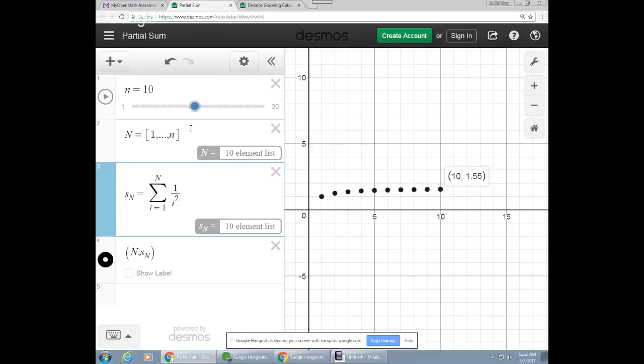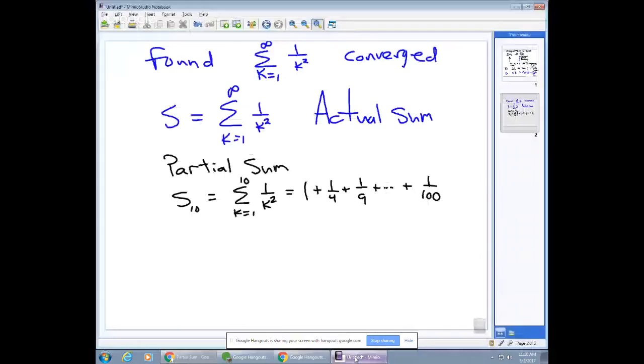Right, up to 10. Yep. I can go out farther if I want and then track those points, but let's just do 10 for the moment. According to this program, it's approximately 1.55.